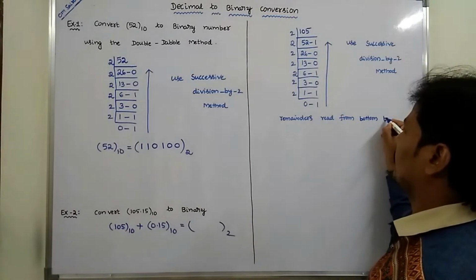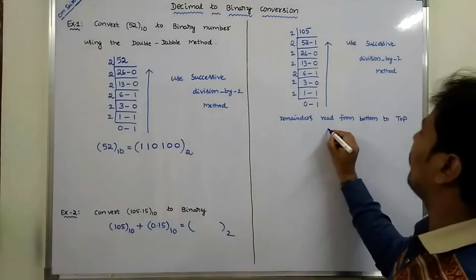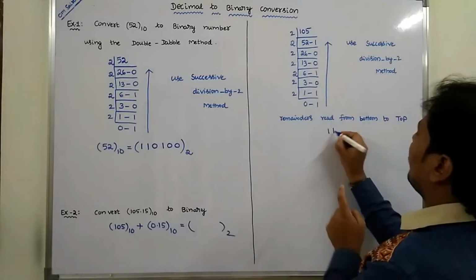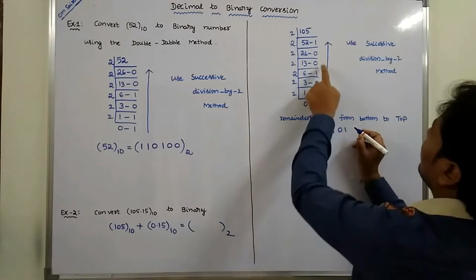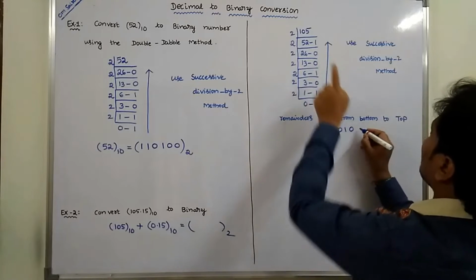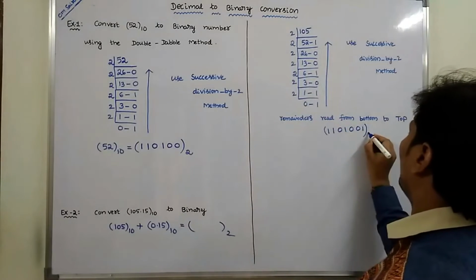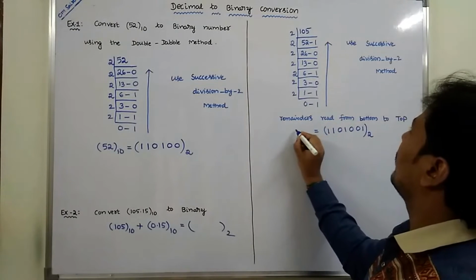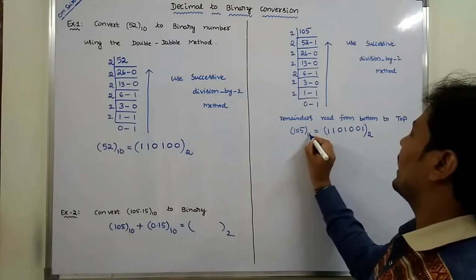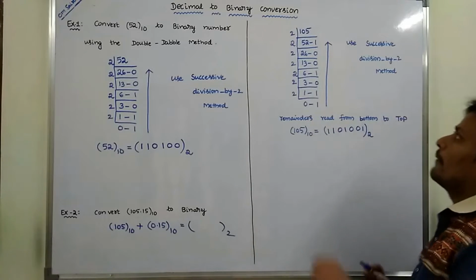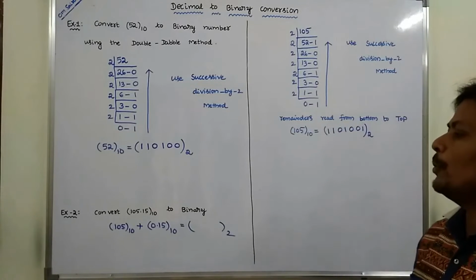Now 1, next one is 1, next one is 0, next one is 1, next one is 0, next one is 0, next one is 1. So this is base 2 for the decimal number 105 base 10. For that purpose we have to use the successive division by 2 method.